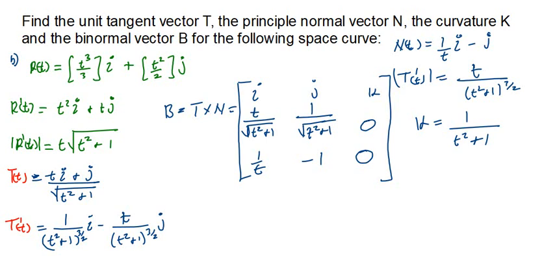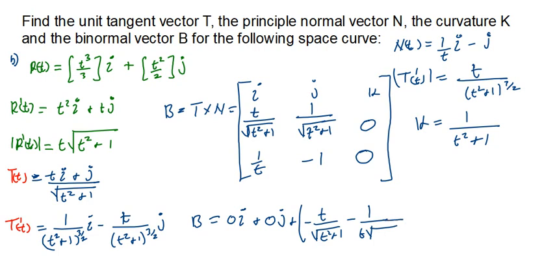So our binormal vector B is going to be equal to 0 in the i plus 0 in the j. Then in the k, you're going to have plus open bracket, minus t over root of t squared plus 1, then minus t multiplied by 1 over t, multiplied by the square root of t squared plus 1.